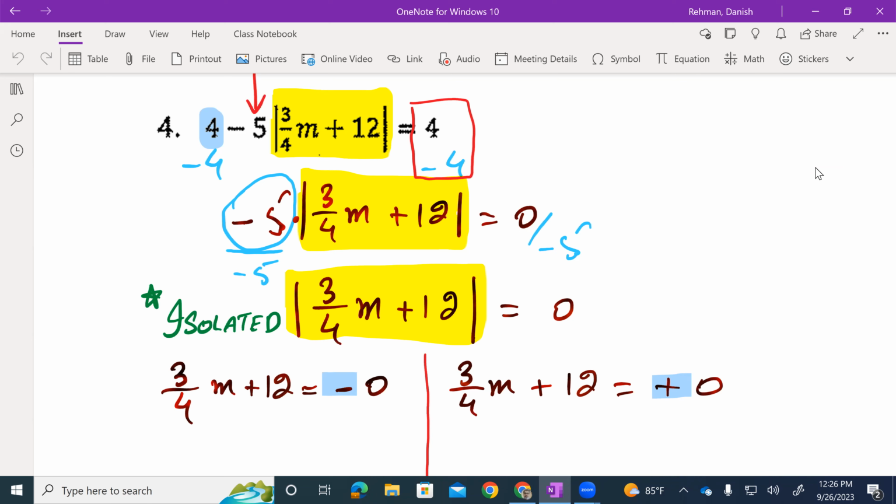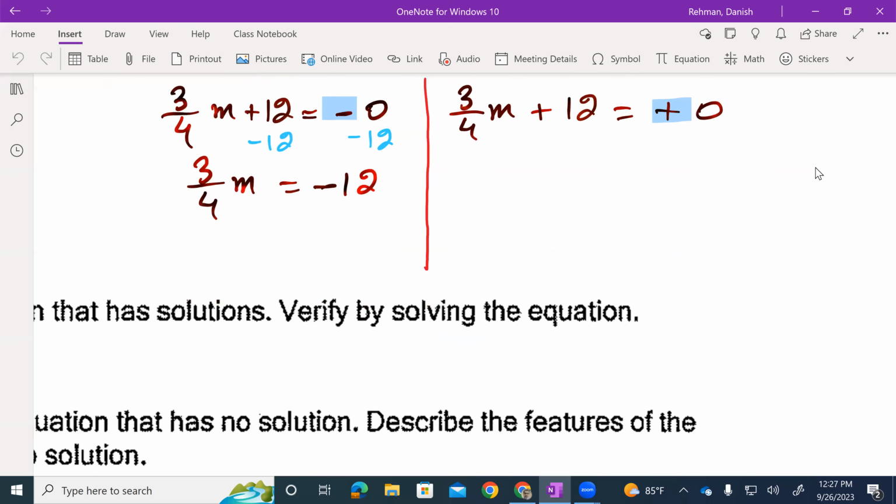Let's do it together. So, first step, subtract a 12 from both sides. That will give you 3/4 m equals -12. 3/4 m equals -12. And then what will I do?